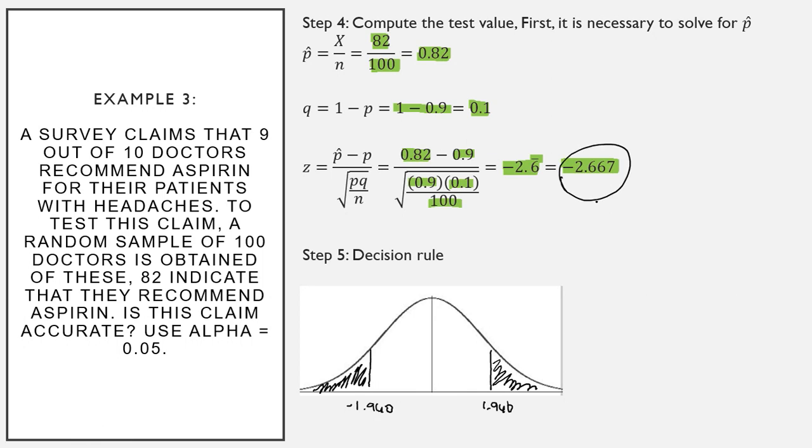Syempre, we're going to compare the z-test computed or the test value na nakuha natin, which is negative 2.667. And we all know that negative 2.667 is less than negative 1.960. So, nandito po siya banda. Okay? So, since nandun siya sa critical region, we're going to reject the null hypothesis.